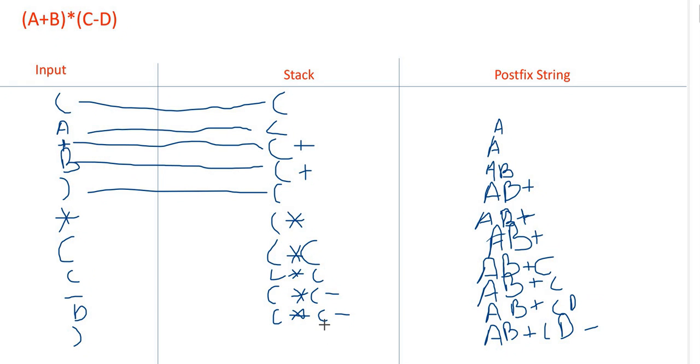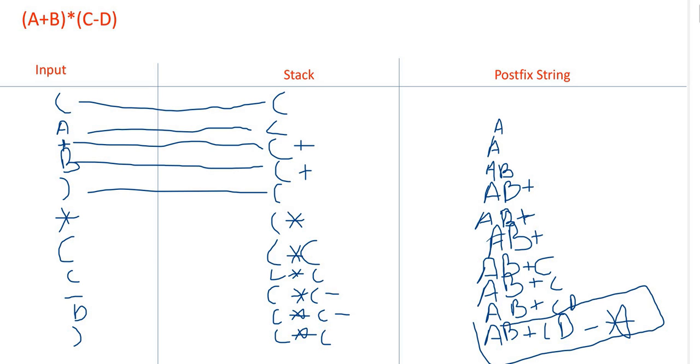After that we reach the opening bracket, and we will ignore it. We come out of the loop and we don't have any input left. When we come out of the loop, we pop out all the elements in the stack, but we ignore the opening brackets. Only a star is left, so we will pop out and print the star.